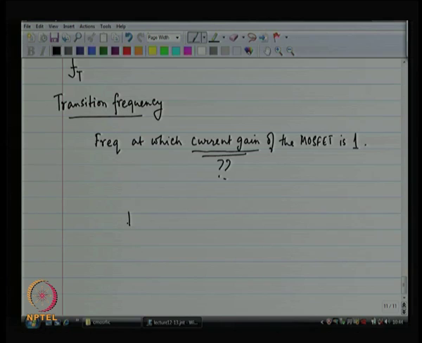Imagine that I bias the MOSFET, but of course, and this is the small signal picture. This is the small signal picture, mind you, not the large signal. Okay.